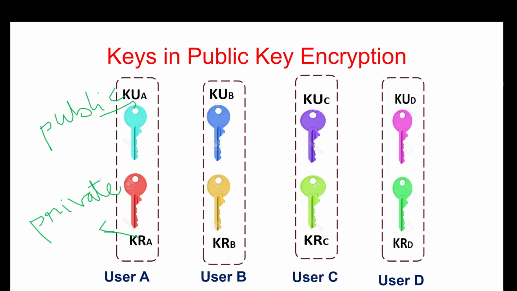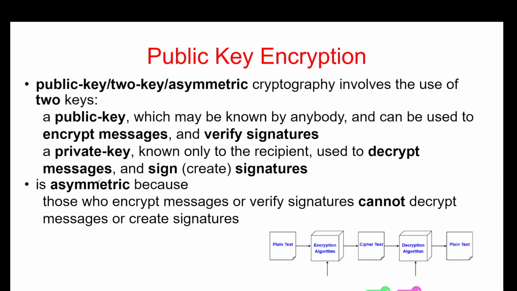So it is each user's responsibility to keep track of their private key securely. As I already told you, it is called public key or two key cryptography. Here the public key is known by anybody and can be used to encrypt messages and for verification. And the private key will be known only to the recipient. It is used to decrypt the message and to sign the signature.